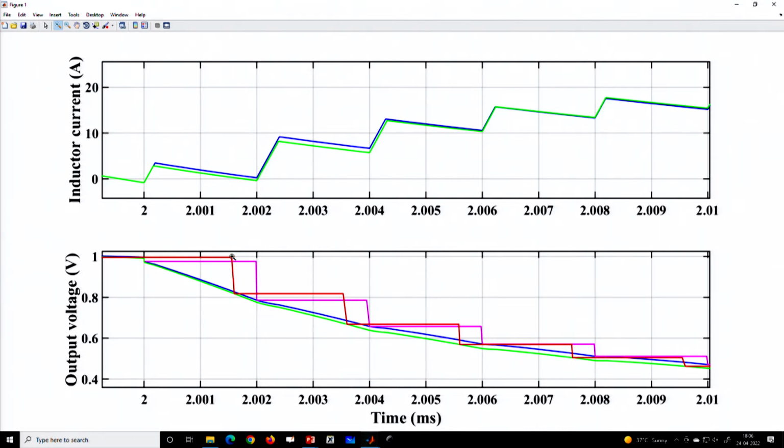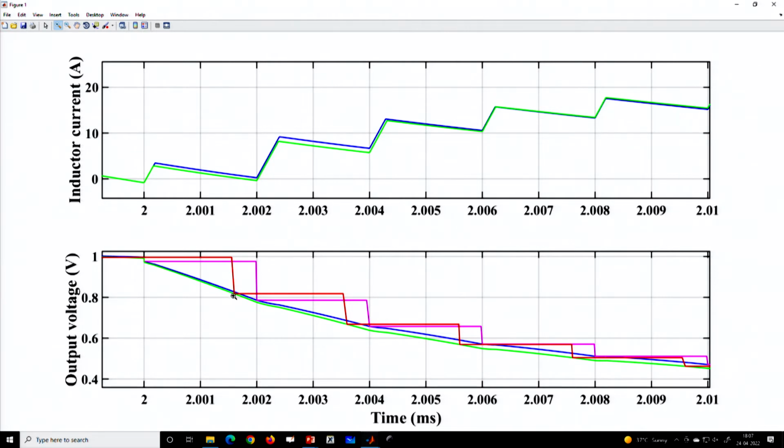But now the red one, where we have introduced a sampling delay, got changed. So we are sampling before the switch turns on. We have around 0.1 T time, and that can be considered for ADC conversion time and computational time. So you can keep on changing.